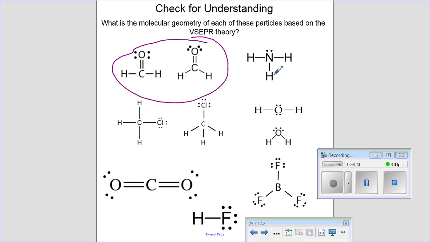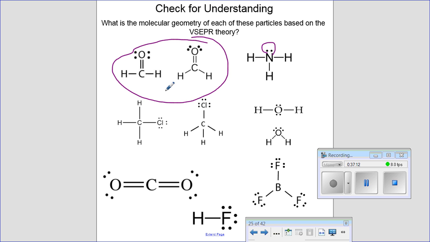If I look at NH3, I have 3 bonded atoms, but now this lone pair right here is sneaky. That lone pair pushes on all of my shared pairs. So NH3 is not going to be planar. My other choice for 3 bonded atoms is trigonal pyramidal. And since I have that lone pair of electrons, this structure is trigonal pyramidal.